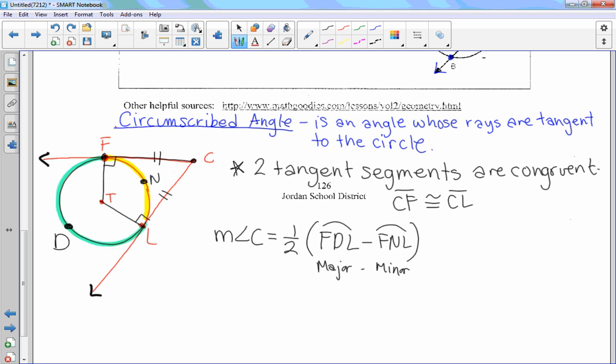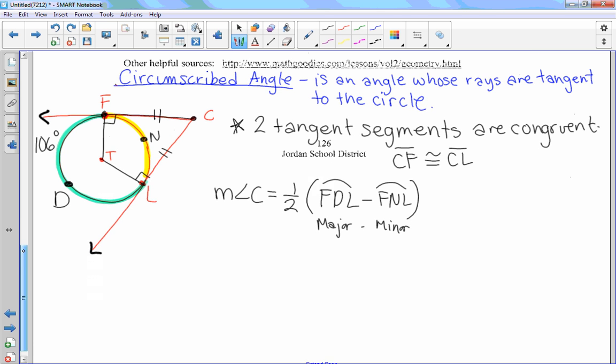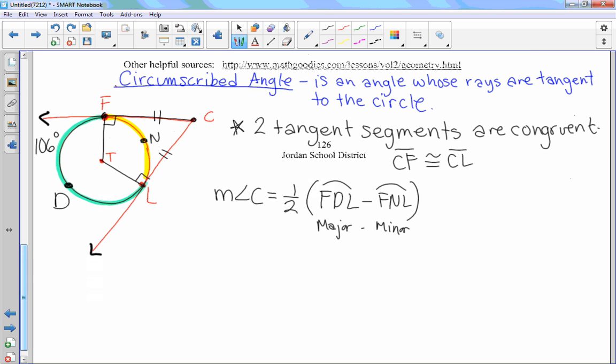Okay? So, if we knew that this major arc was, say, 106 degrees, we could find the measure of angle C. Do you know how many degrees is one rotation in a circle? 360. Half is just a half rotation. So, actually, we probably shouldn't do 106 because that's more than a semicircle.